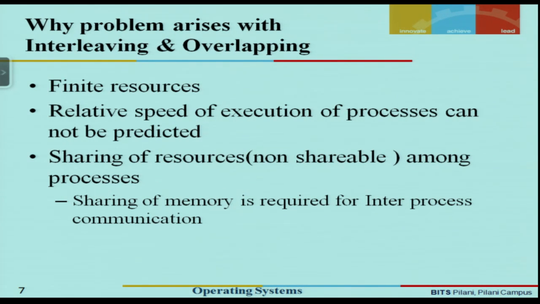In general, one of the most commonly used approaches for process coordination or inter-process communication is by means of shared memory. So sharing is again required, and the other important means is inter-process communication. We will study about them in our later sessions.